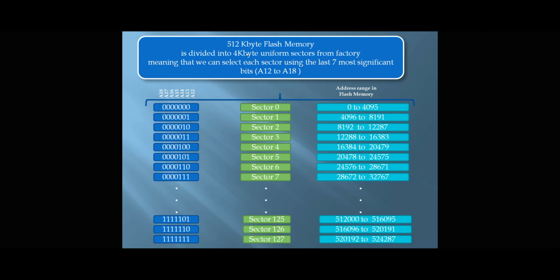As you can see, this 512 kilobyte space on our flash memory is divided into 4 kilobyte uniform sectors from the factory. So essentially, the chip internally has divided that whole 512K space into 4 kilobyte chunks. Using some specific address lines, we can address or point to those sectors when we are doing the write operation.